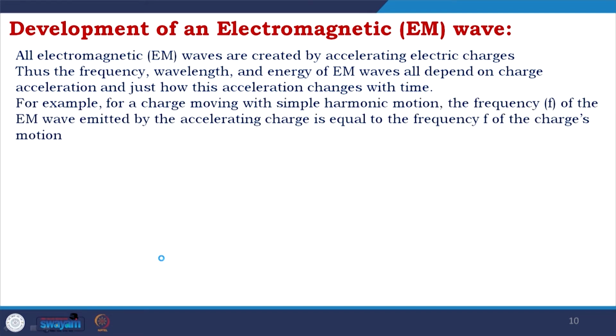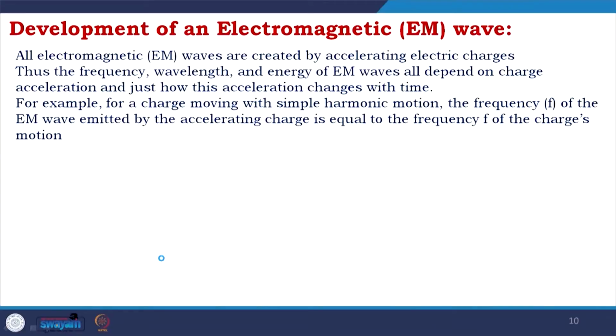For example, if you take a particular case, it would be helpful to get some numbers. The frequency of the electromagnetic wave emitted by the accelerating charge is equal to the frequency f of the charge motion.